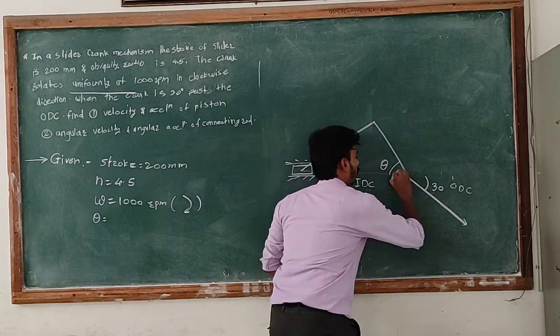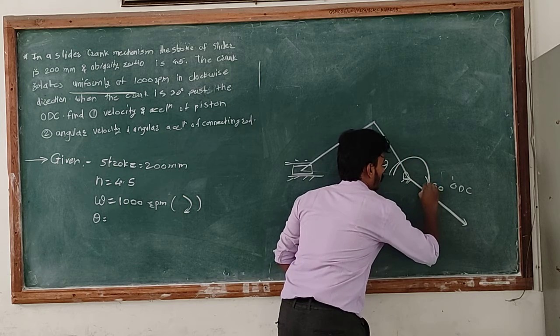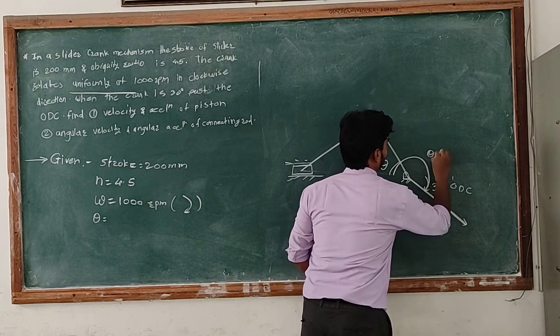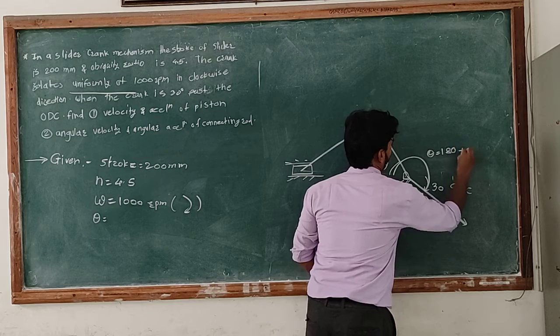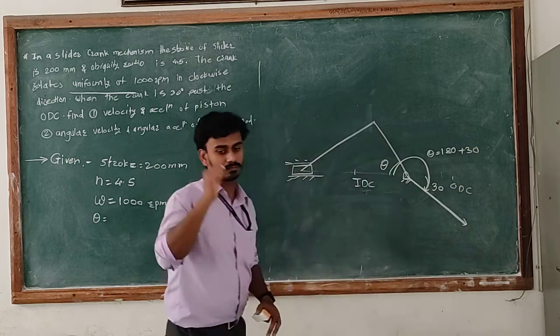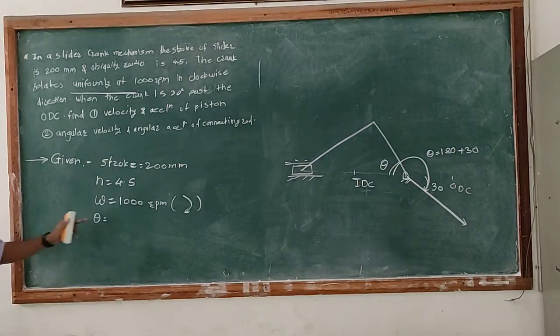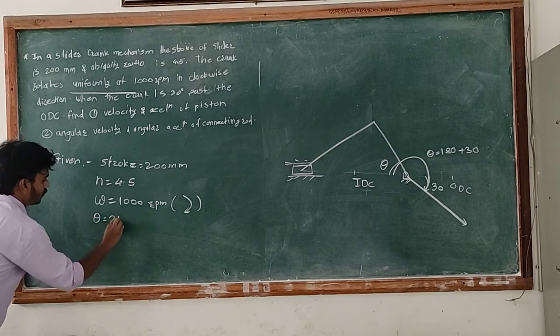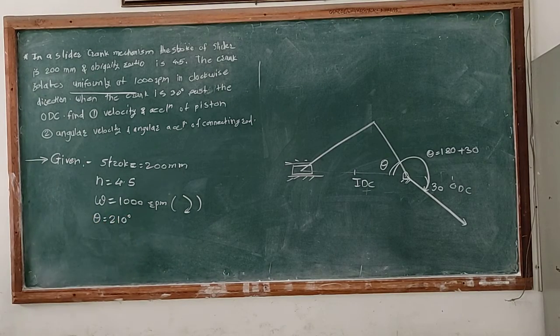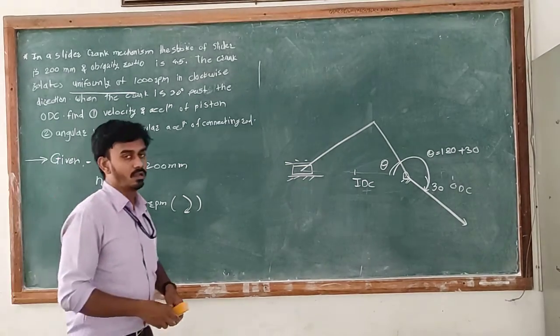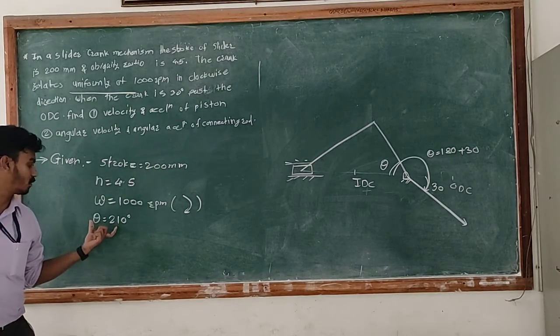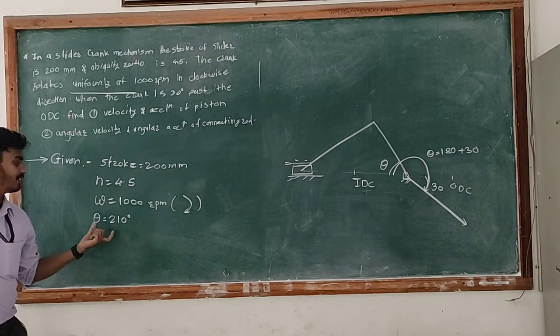This is our total angle, and therefore theta is equal to 180 plus 30. So theta is equal to 210 degree. Understood? How did we find that angle theta?